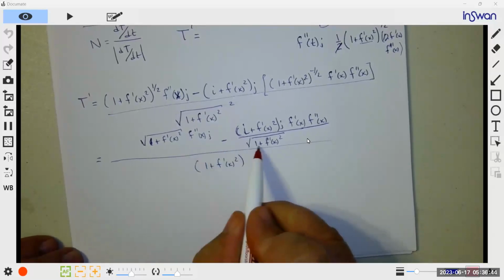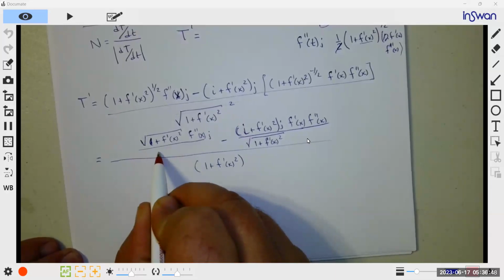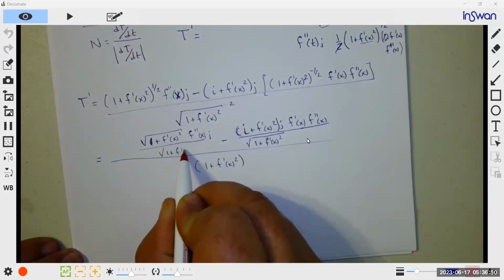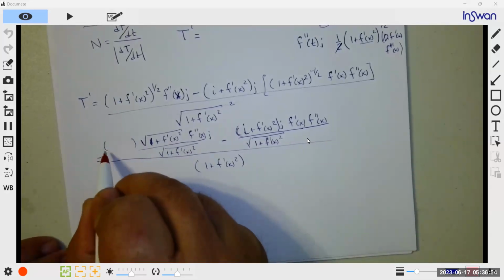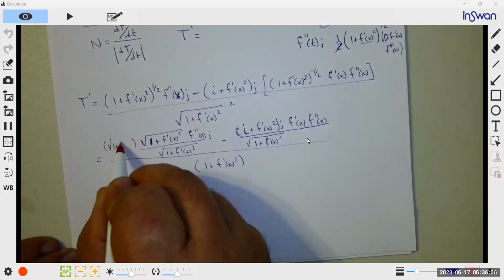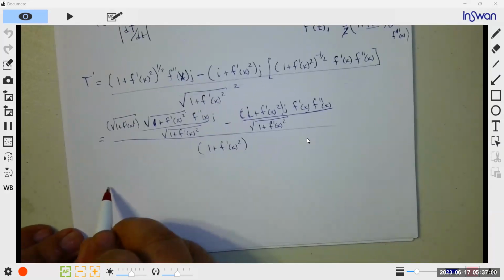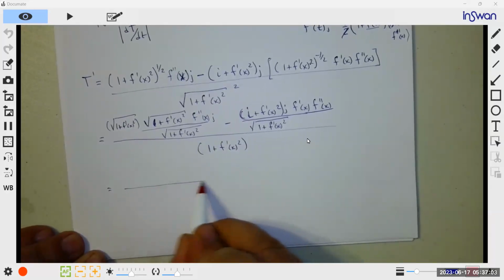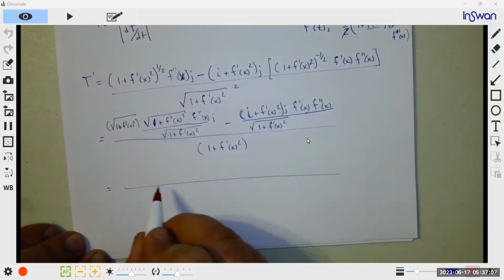So I have to get a common denominator here. I'm going to multiply top and bottom. Radical times radical makes it a non-radical.